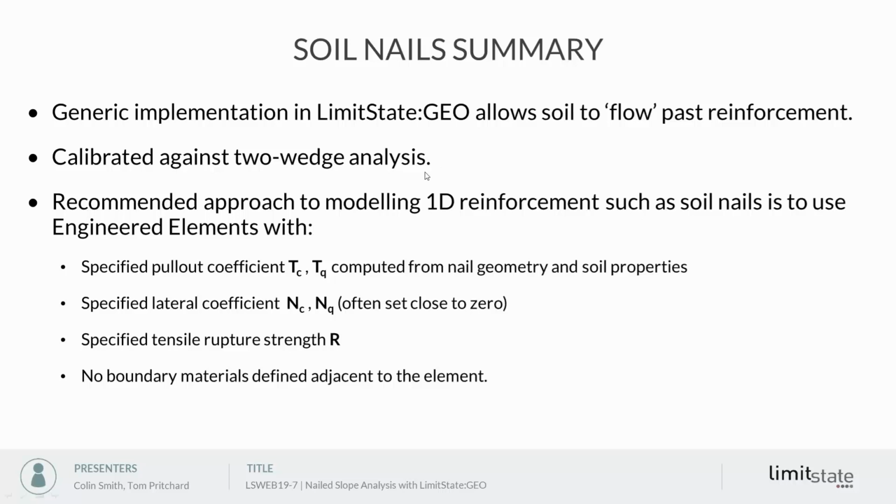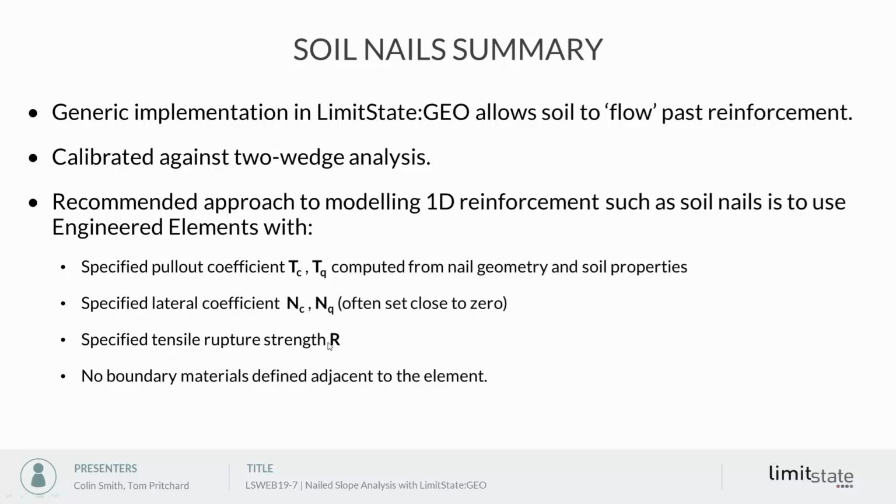And when modeling the 1D reinforcements such as soil nails, what we've called the engineered elements within the software that we use to represent reinforcement, we have to, as you've seen, hopefully, calculate TC and TQ based on the nail geometry and the soil properties. The lateral coefficients typically set to 0.